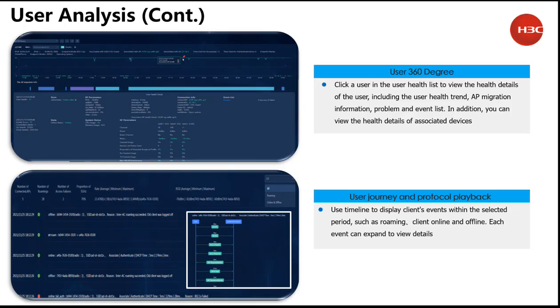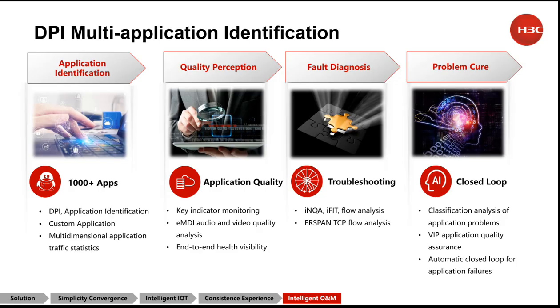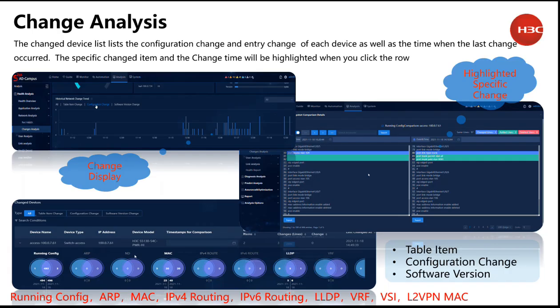So using the user journey and protocol playback, we were actually able to see the user's entire journey and experience on the network. As I mentioned, DPI, multiple application identification. There's over 1,000 applications that H3C has built into AD Campus DPI, and this list is ever growing, as you can imagine, just keeping up with the times.